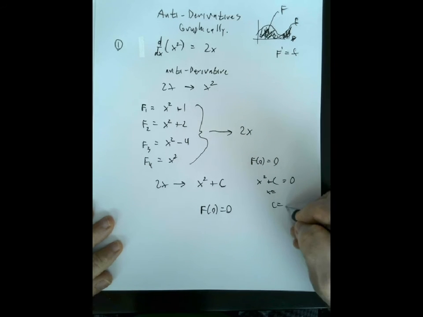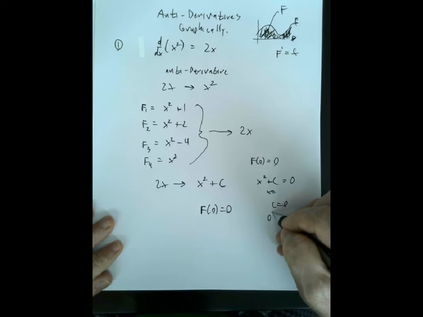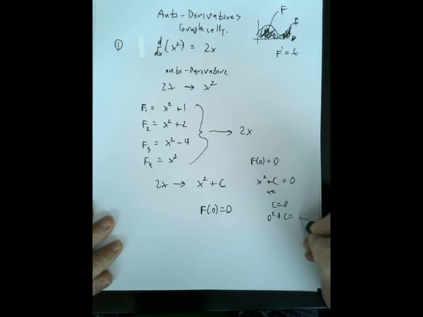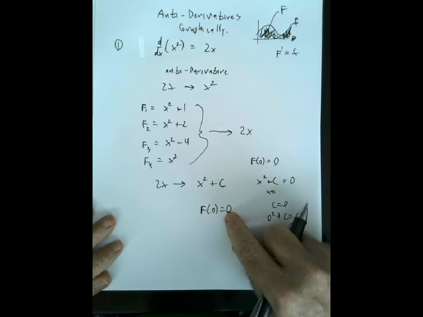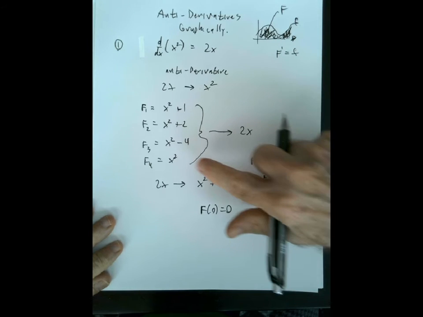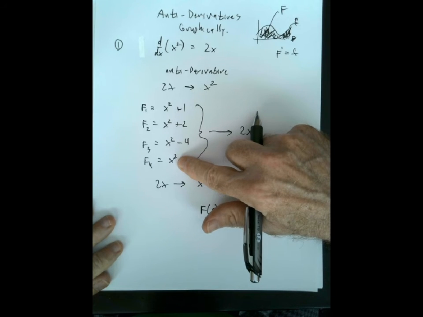So we'd put 0 in, plus c is equal to 0, so that would mean that c is equal to 0, right?